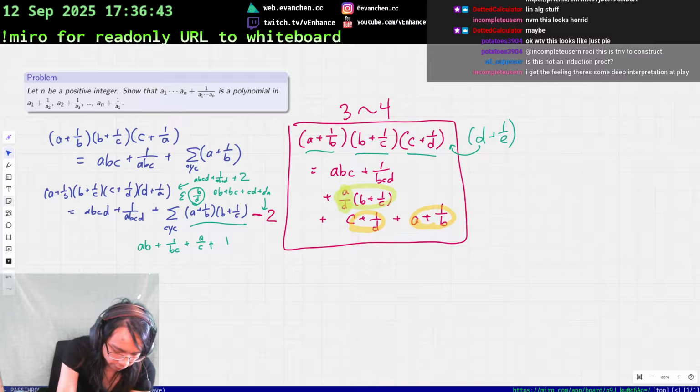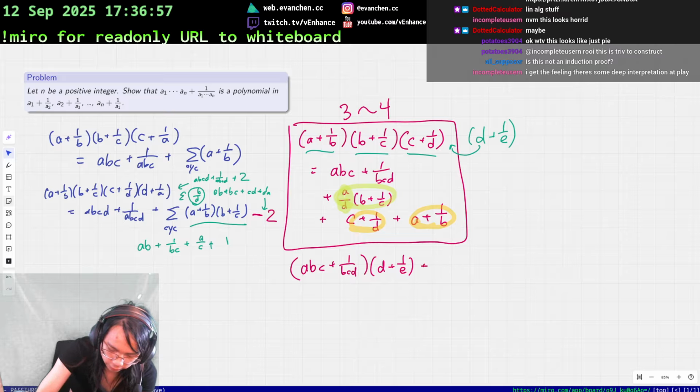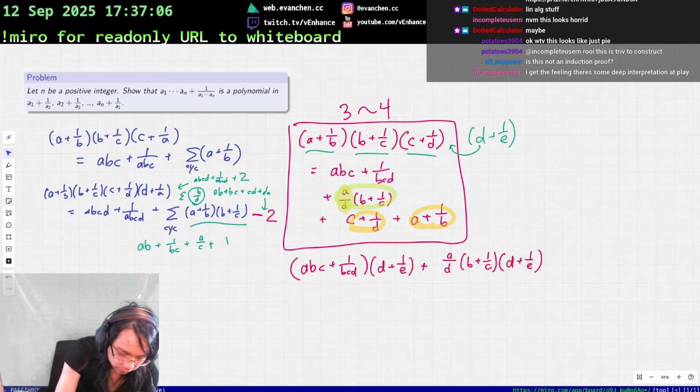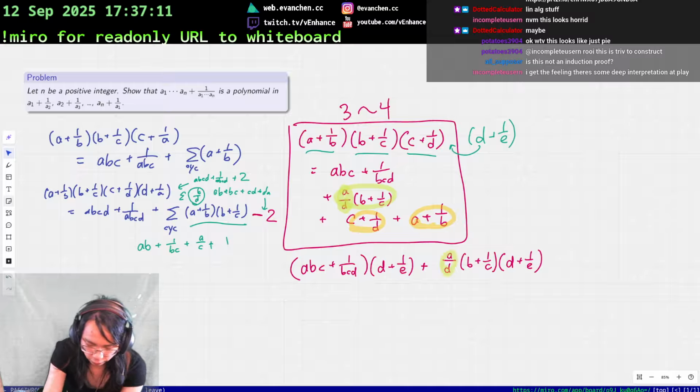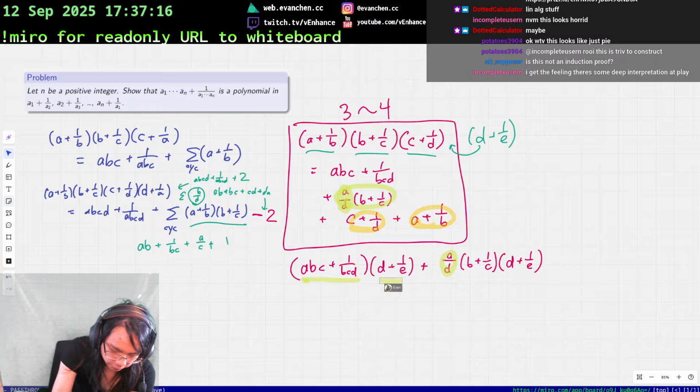What happens is I get abc+1 over bcd times my new d+1 over e, and then some stuff I don't care about, and then the thing that's new is this a over d, b+1 over c times d+1 over e. So this is the term that's not a polynomial and it's going to change.